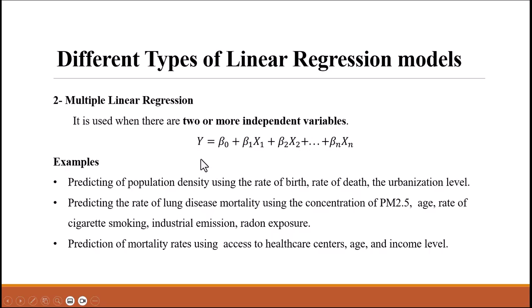For example, we want to predict the lung disease mortality using the concentration of PM2.5, age, rate of cigarette smoking, industrial emission, radon exposure, and others. We want, for example, to predict the mortality rates using access to healthcare centers, age, and income level.